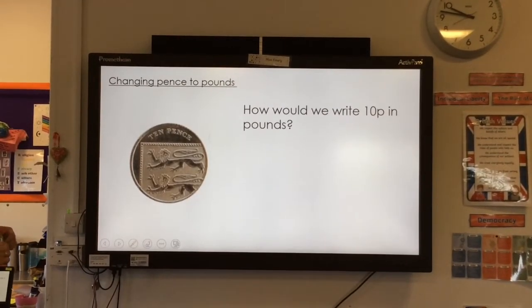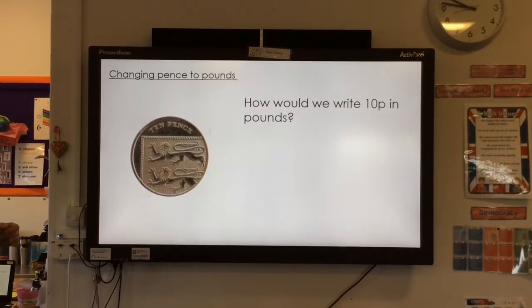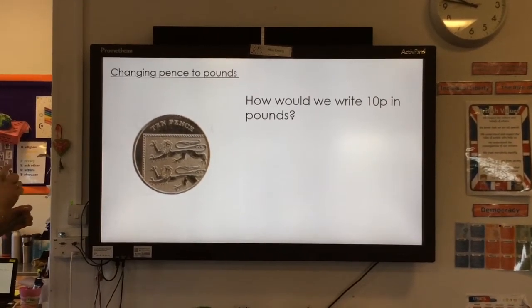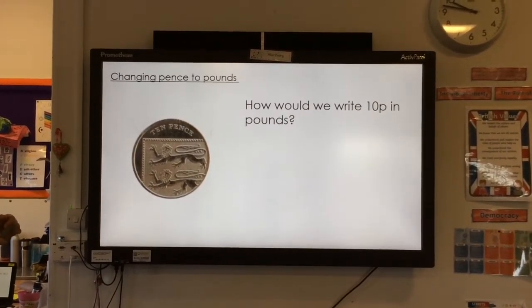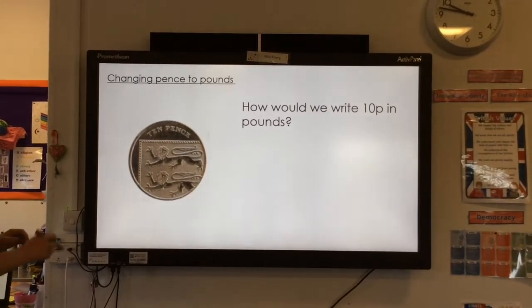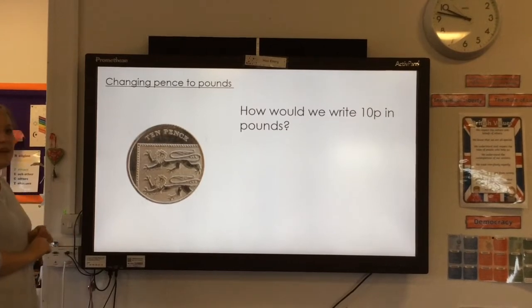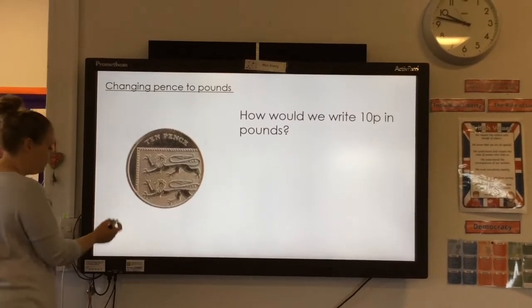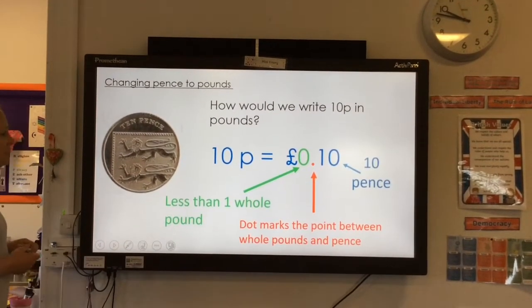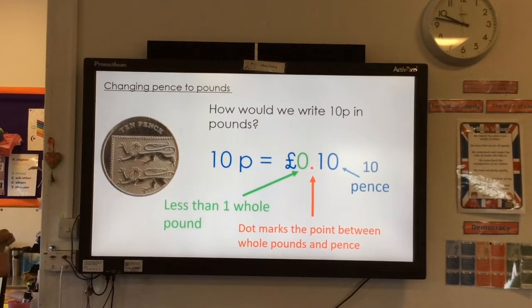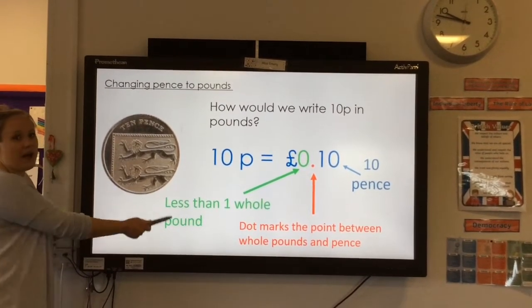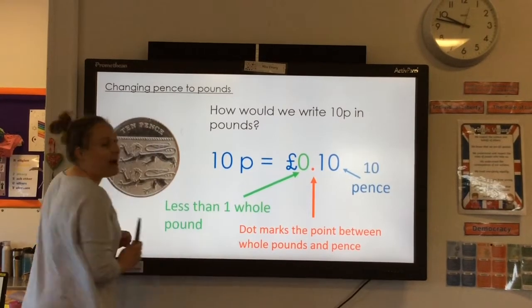How would you write 10p in pounds? Think back to that little place value task we had a go at just a minute ago. Even if it helps you draw £1 and think about where the 10p would go in that. Let's have a look. If you've got 10p, you have less than £1 whole pound, so you've got no pounds.